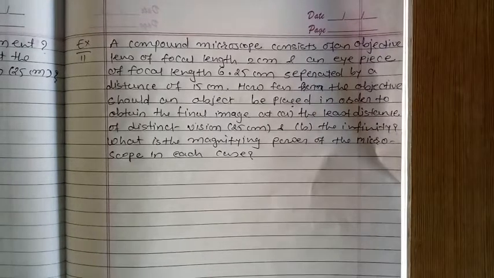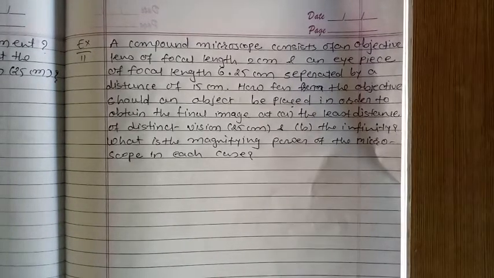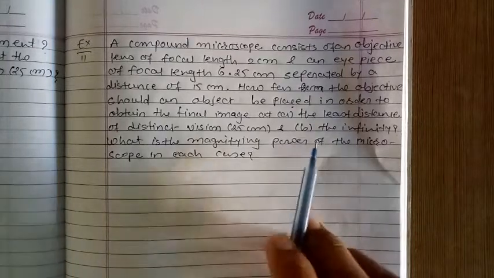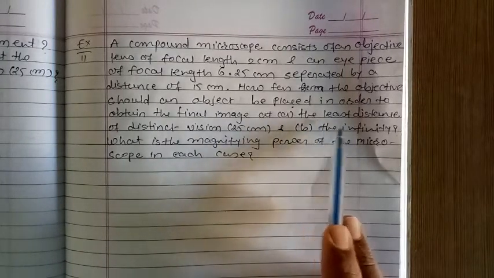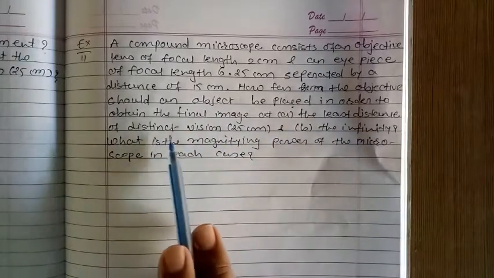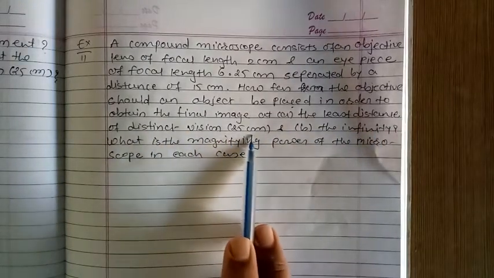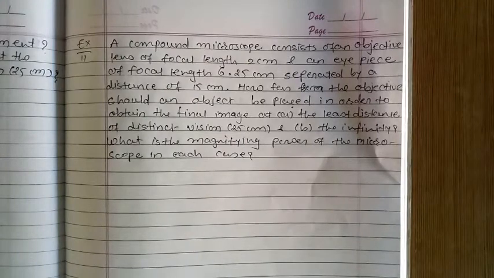So here the focal lengths of the objective and eyepiece are given, and the distance between objective and eyepiece is given. We have to find out the object distance, right? But we have to find the object distance for the least distance of distinct vision 25 cm and for infinity.